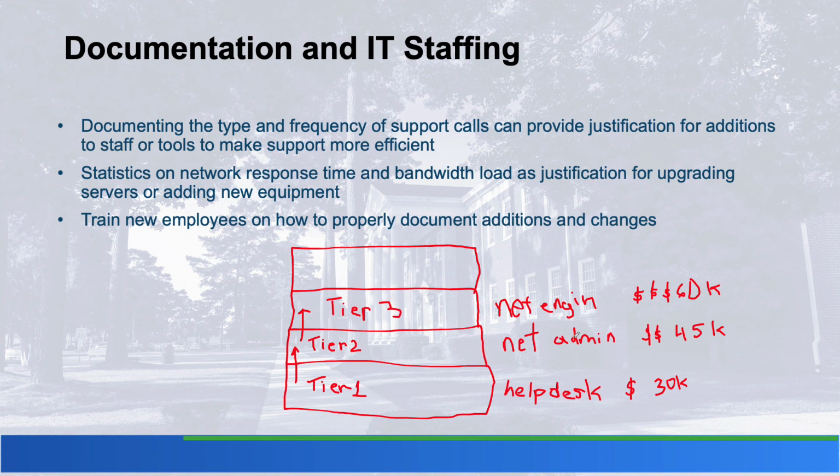And then if they can't solve the problem, there's a fourth tier. And this is the top of the food chain in the IT department. Okay? And these are the architects. Network and software architects. They have programming skills. Right? So we'll just put programmers.